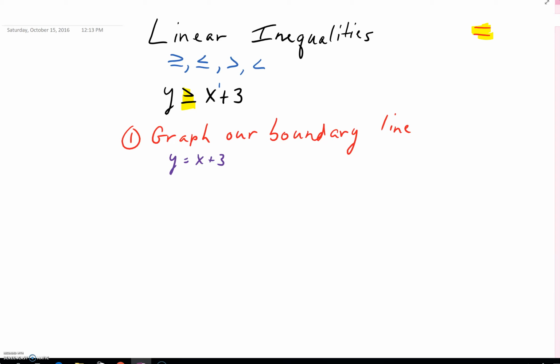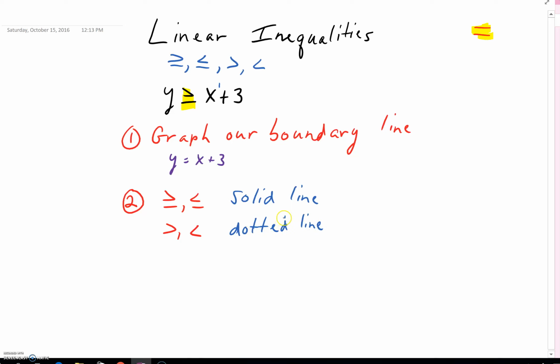Right? The next thing that we do before we actually draw the graph, we need to look at our inequality symbol. If it is greater than or equal to, or less than or equal to, so if it's equal to, then this means that it is going to be a solid line. All right? And then if it is just greater than or less than and not equal to, then it will be a dotted line.